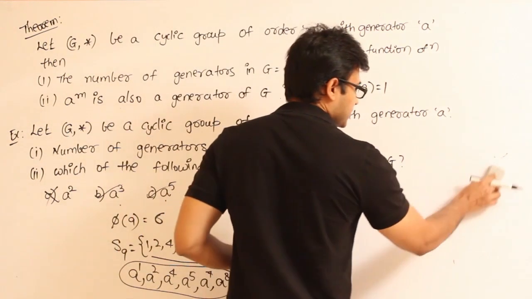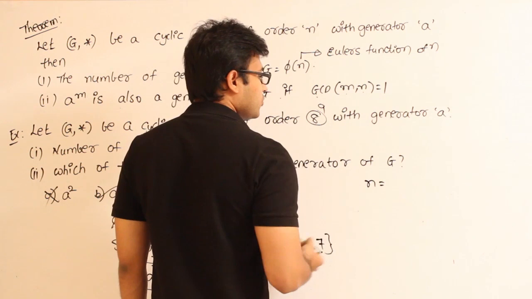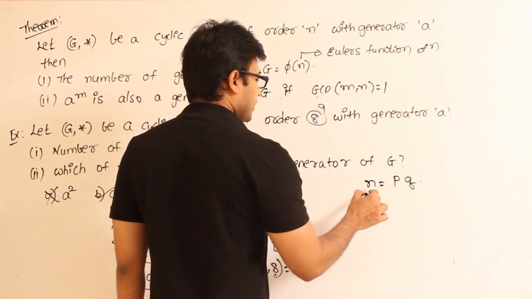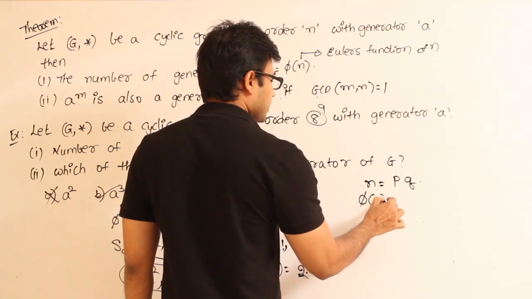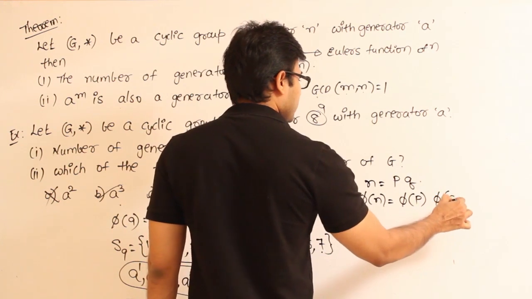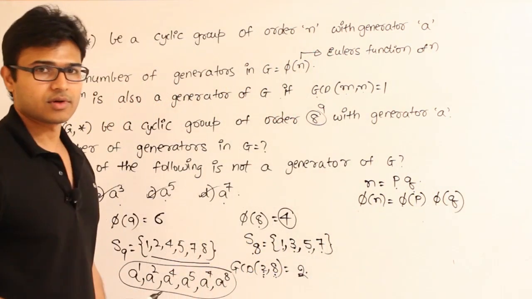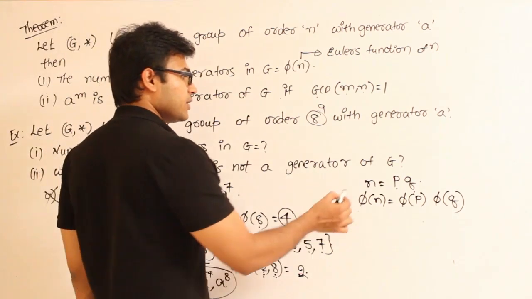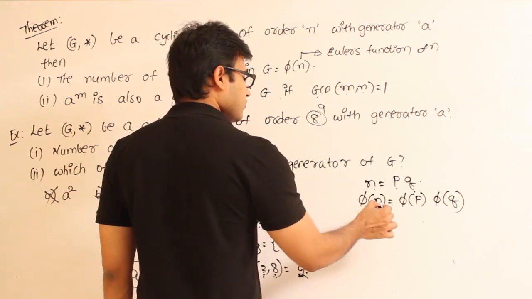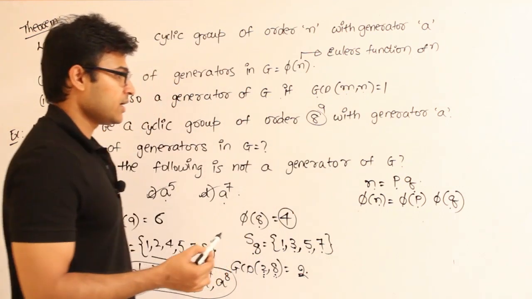The product rule says that if n can be written as a product of two prime numbers p and q, then phi of n can be written as phi of p times phi of q, in case these two are distinct prime numbers. Okay, remember this. If n can be written as a product of two distinct prime numbers p and q, then phi of n is equal to phi of p times phi of q. Then what is the advantage of this?